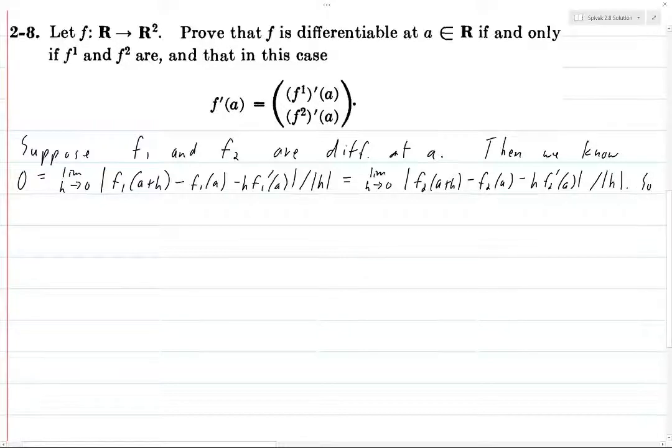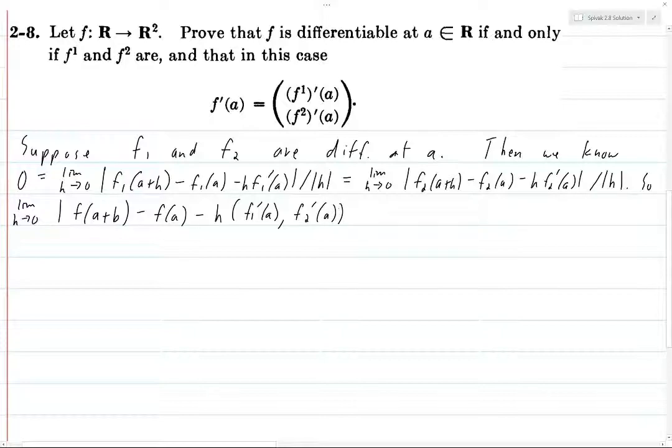So let's take the limit as h goes to 0 of, now we're going to do f of a plus h. So this is not f1 or f2, this is f itself, minus f of a minus h times f1 prime of a. This is also nice because if we use subscripts, we don't need the extra parentheses.